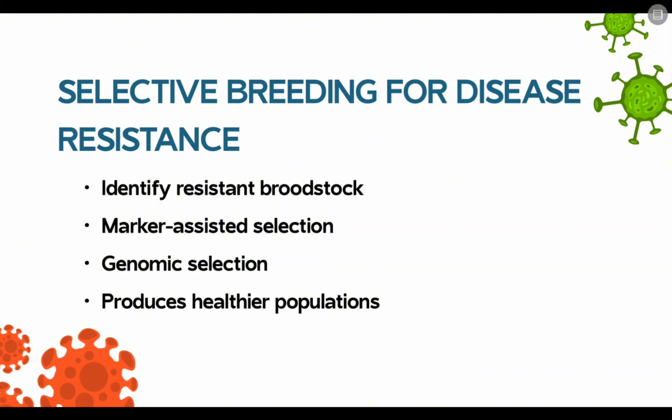With marker-assisted selection, breeders use DNA markers to identify resistance genes. Genomic selection uses large-scale DNA information to accurately predict which fish will be resistant. These methods create robust fish populations, which improves long-term production.